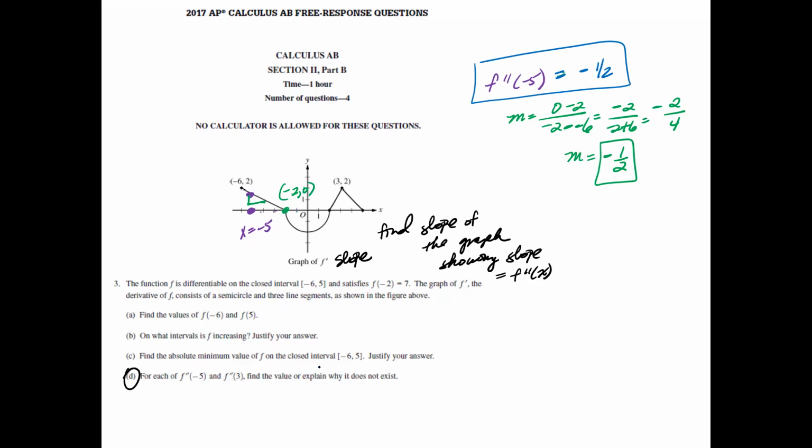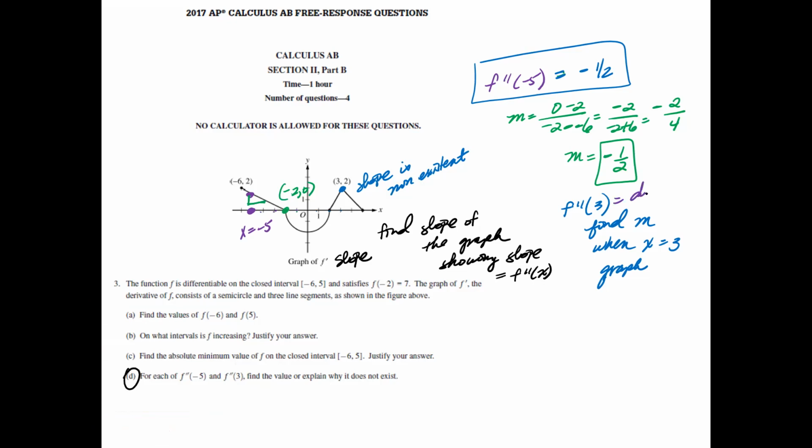Now, looking at the second part right here, f double prime of 3. So let's find the slope when x equals 3 on the graph. So here's my graph when x equals 3, 1, 2, 3. Oh, you see how right here it is, you can't really find the slope because it is non-existent. So given the fact that the slope is non-existent, therefore f double prime of 3 is also going to be non-existent.